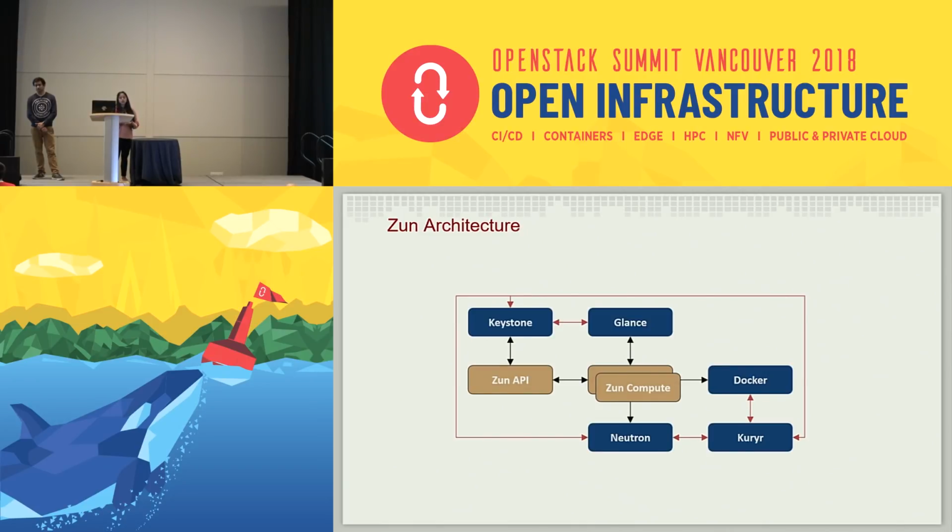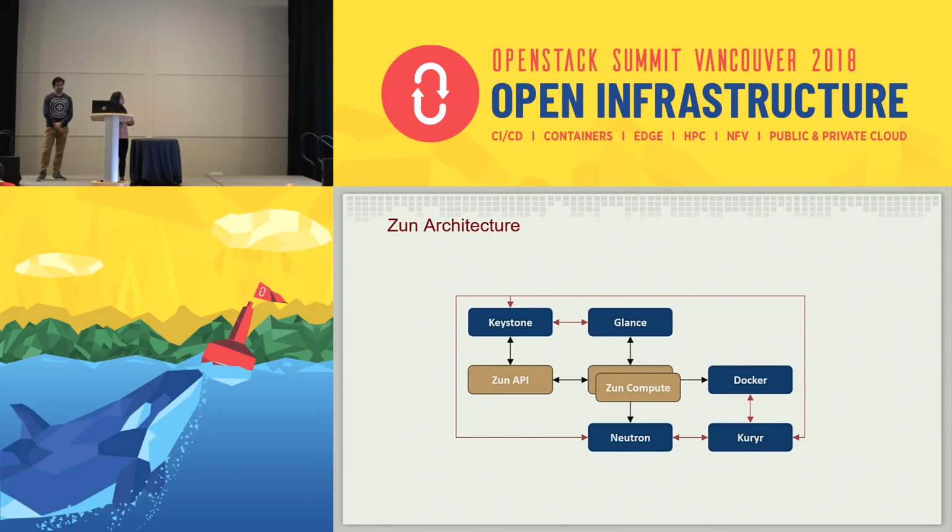It talks to multiple services to provide you your containers. If you can see in the diagram, Zun talks to Glance for the images, Neutron and Kuryr for the networking purpose, and then it finally submits the request to Docker for creating your containers.